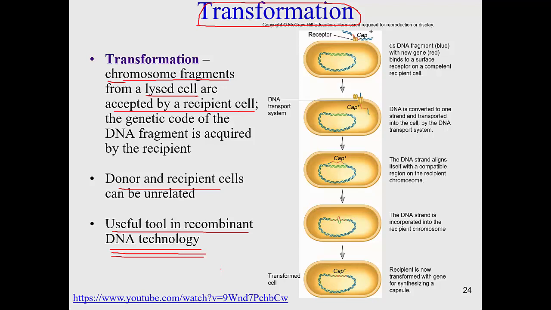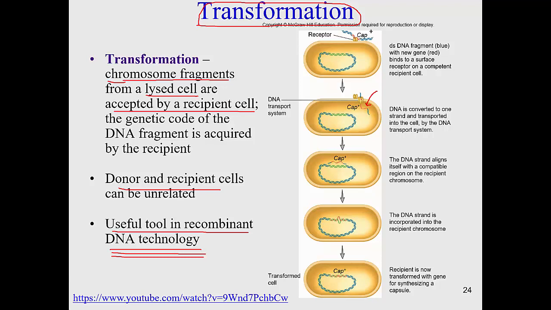Now, this cannot be done by eukaryotes. So this is very special for microbes, and especially E. coli does it very willingly. All right, so here is a strange piece of DNA that's coming through. Okay, don't worry about the cap plus and all that.